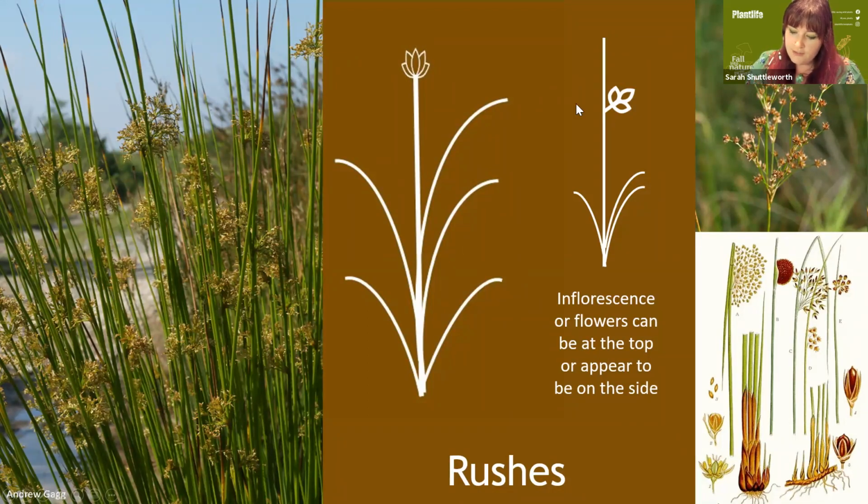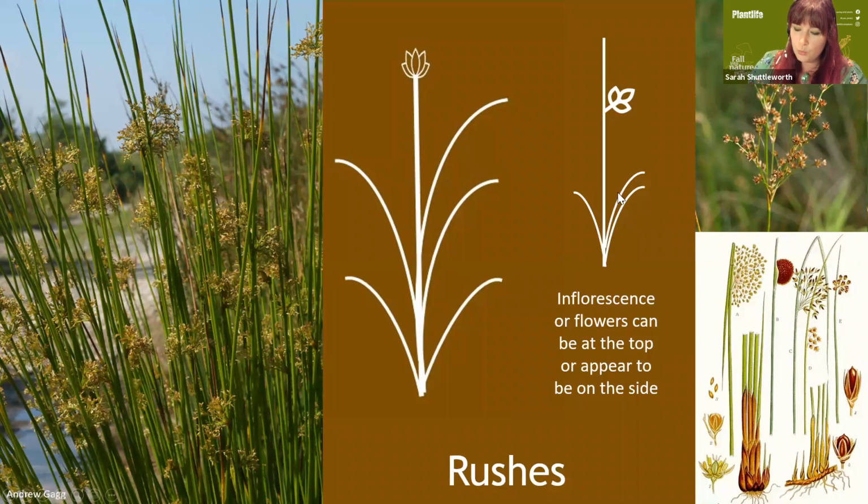Generally, rushes have flat, hairless leaves or cylindrical stem-like leaves. So it can be quite hard sometimes to tell whether you're looking at a stem part of the plant or at the actual leaves, because the leaves themselves can be quite round, quite cylindrical, and almost look exactly the same as stems.